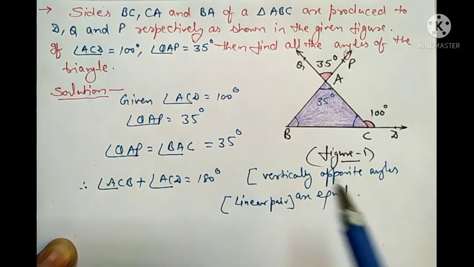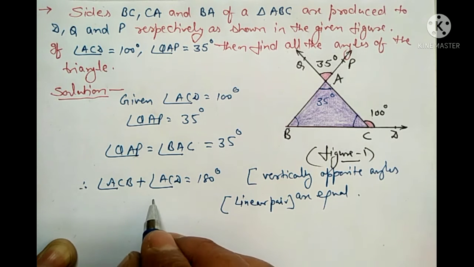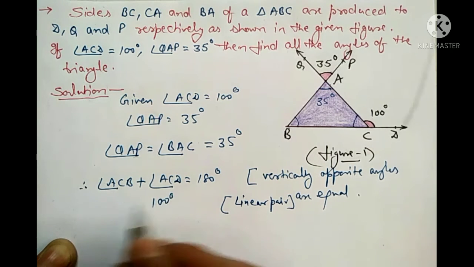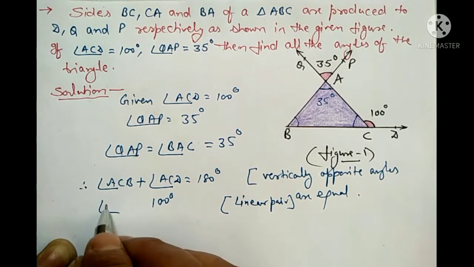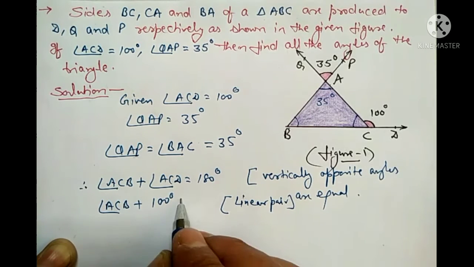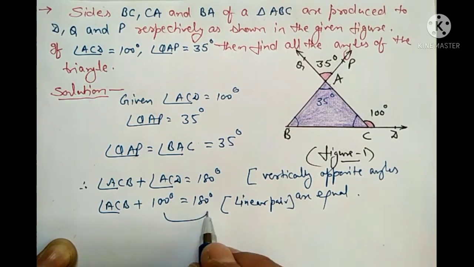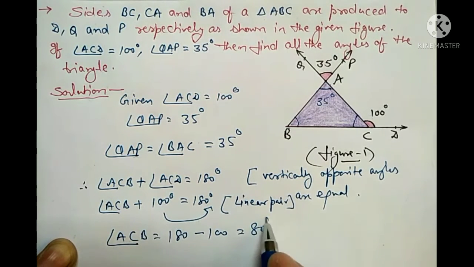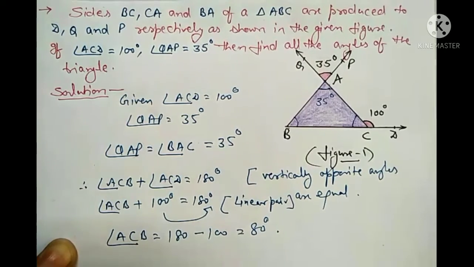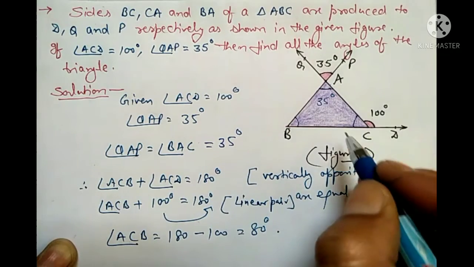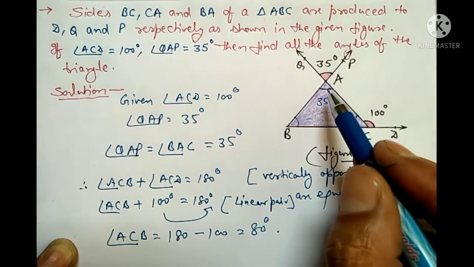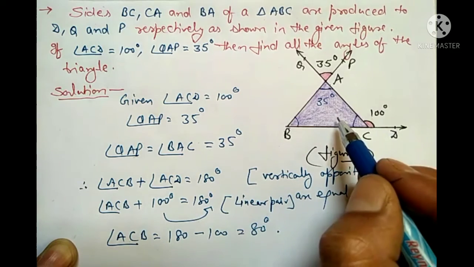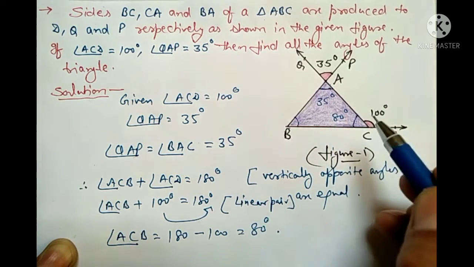The value of angle ACD is 100 degrees, so angle ACB plus 100 degrees equals 180 degrees. Taking 100 to the right hand side, angle ACB becomes 180 minus 100, which is equal to 80 degrees. So in this way we calculate angle ACB, and it is 80 degrees.